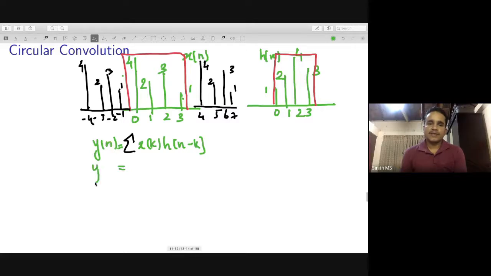So while finding y[0], what you're finding is sigma x[k] h[0 minus k]. When you time reverse and shift, 0 shift means it's just time reverse. So here also we saw time reversal. We saw time reversal in the last class.